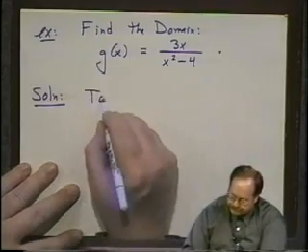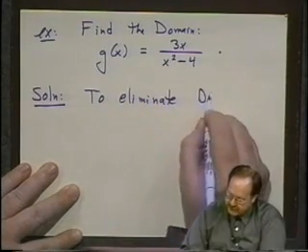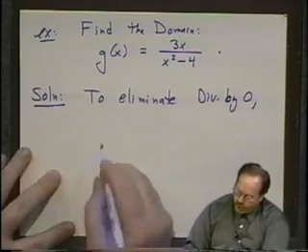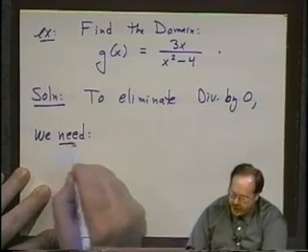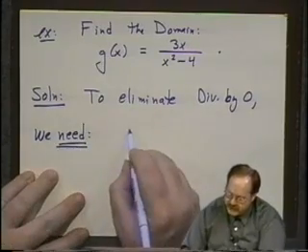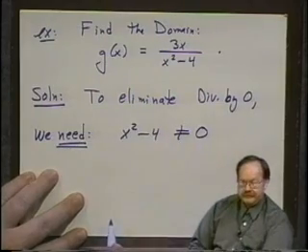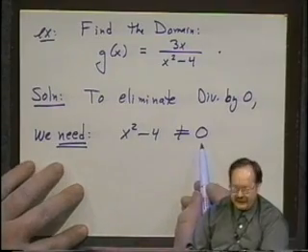So, to eliminate division by 0, what do we need? And see, this is a good pattern for you to develop. What do you need? You need x squared minus 4 not to be 0. Well, you need to solve this little inequality.